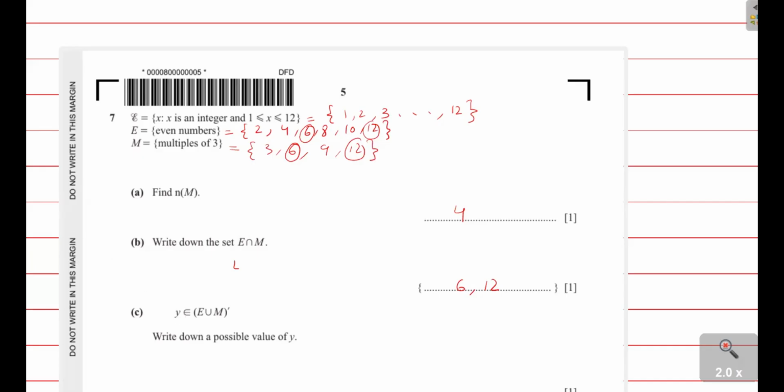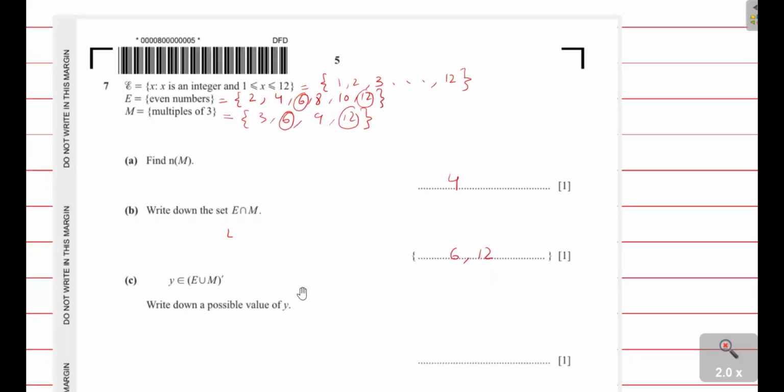Next, pi belongs to E union M dash. We have to write E union M dash. Before writing E union M dash, we will write E union M. Look here, E union M are the elements of E and M. These elements are 2, 3, 4, 6, 8, 9, 10, 12.